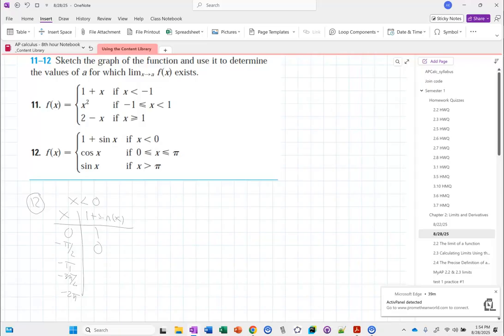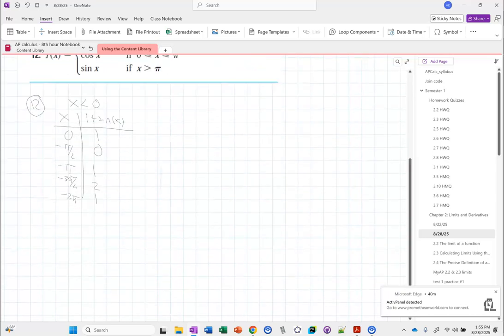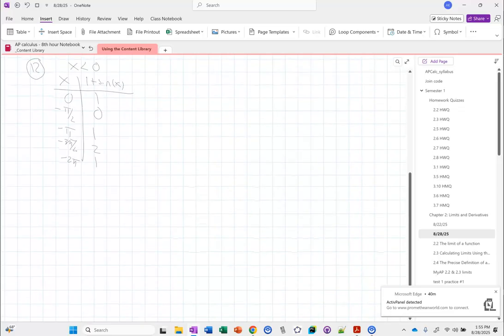Sine of negative pi is 0, and then plus 1. Sine of negative 3 pi over 2 is going to be positive 1, so plus 1 is 2. And then sine of negative 2 pi is back to 0 again, but I have the plus 1, so it's 1.